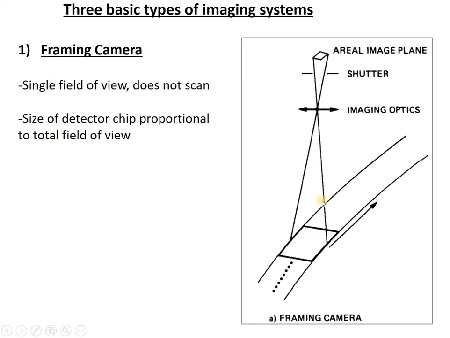Light from that surface comes up, goes through a lens or a set of imaging optics, and is projected back onto an image plane or a detector. The size of that detector is one of the main things that governs the size of the field of view and the swath width, so it's kind of a one-to-one reflection of the swath width onto your detector.